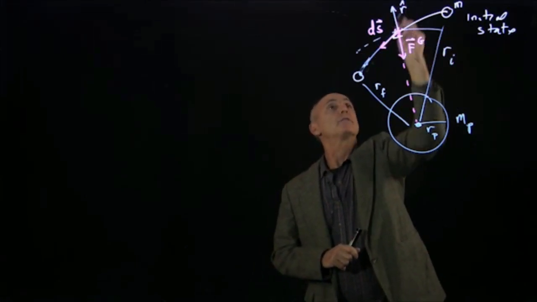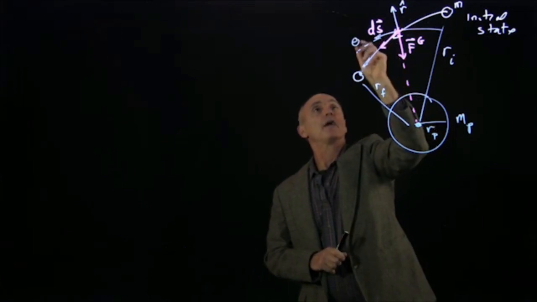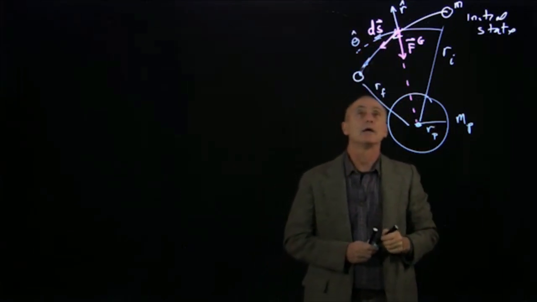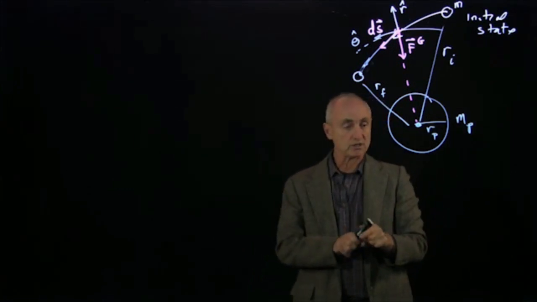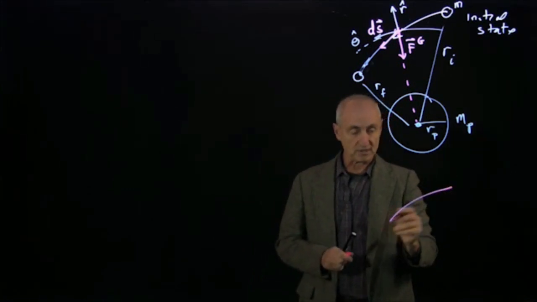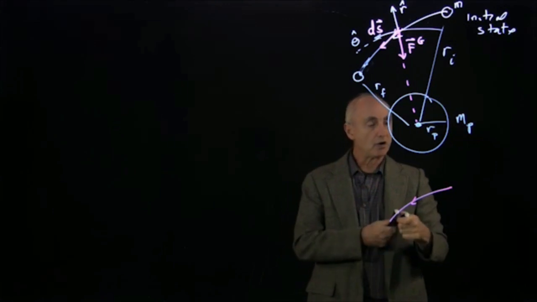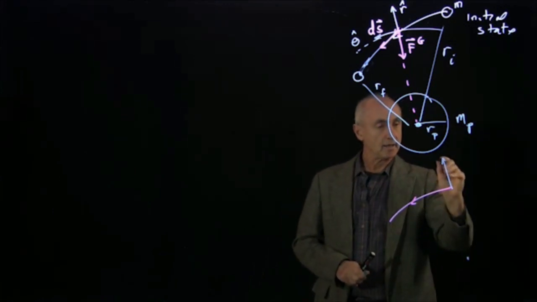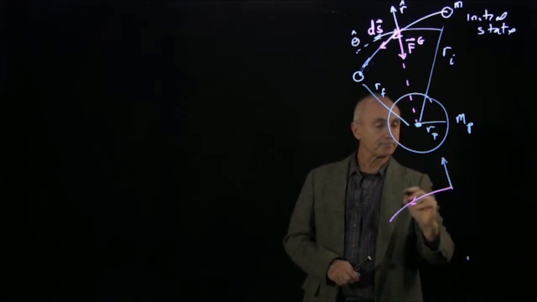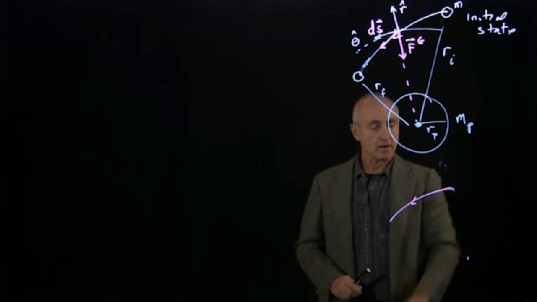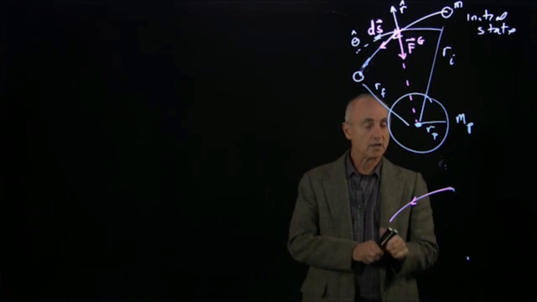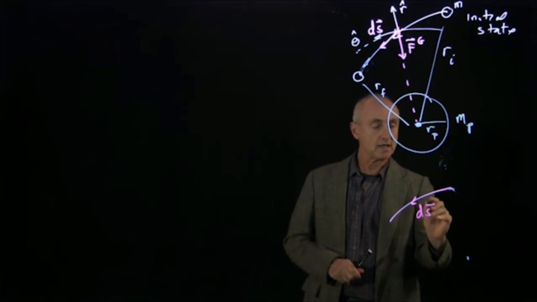Let's call r hat this way and theta hat that way. And let's blow up our little displacement in terms of our coordinate system, just so that we see what's happening. So let's imagine that our little ds vector is pointing like this.